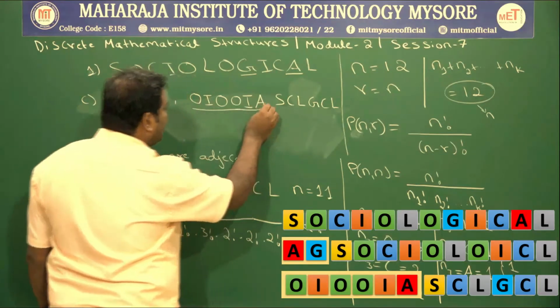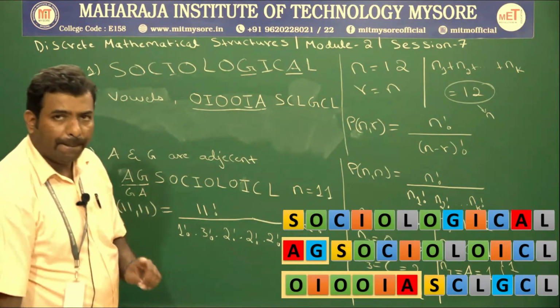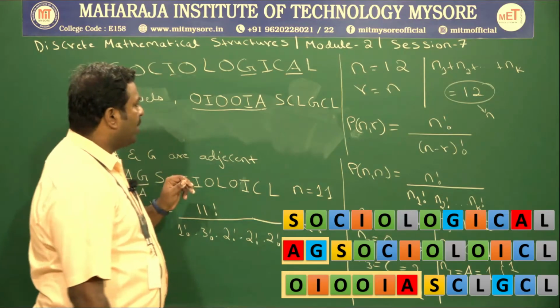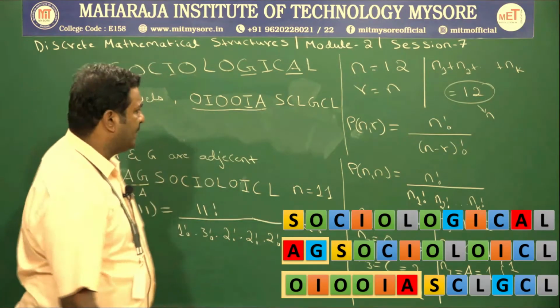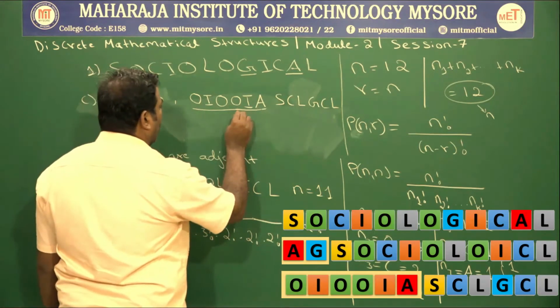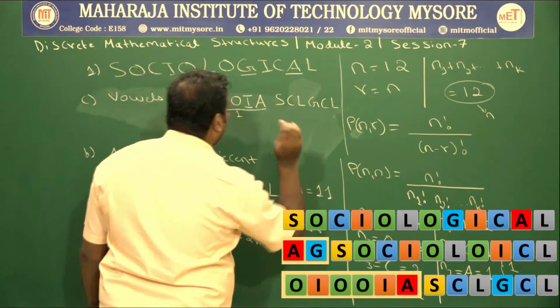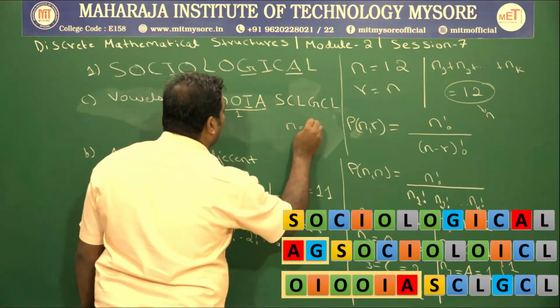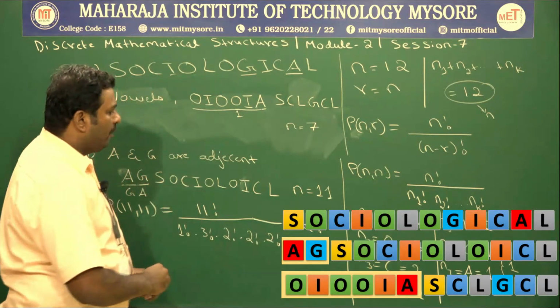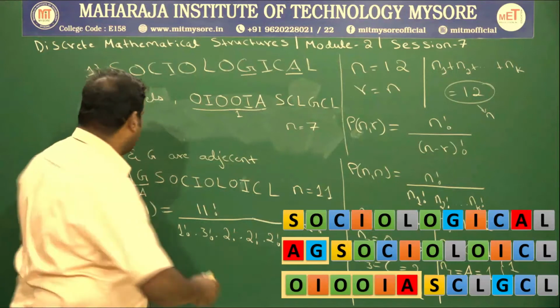Now I am going to consider this as one object, and the remaining as different objects. So how many objects do you have? 1, 2, 3, 4, 5, 6, 7. The value of n right now is 7. Fine. So let me just erase this.